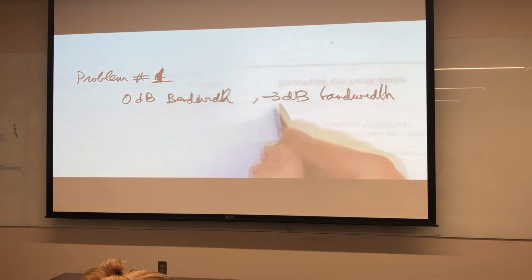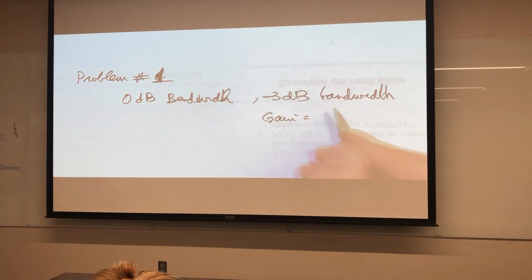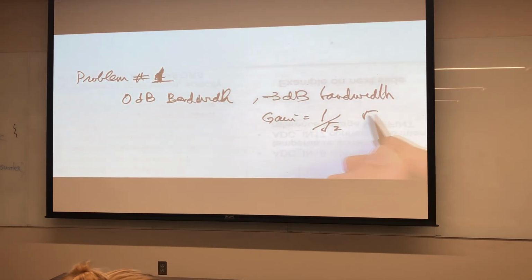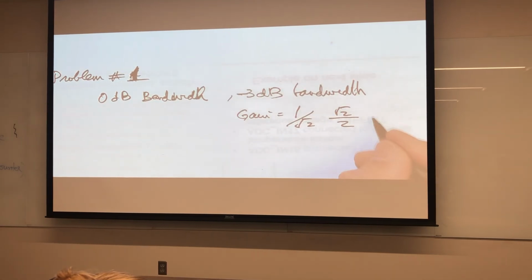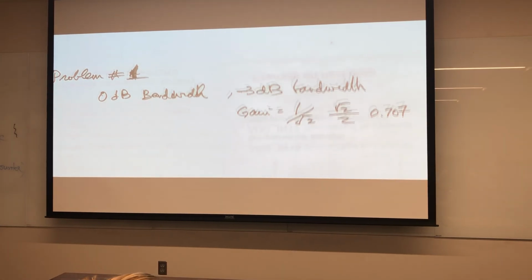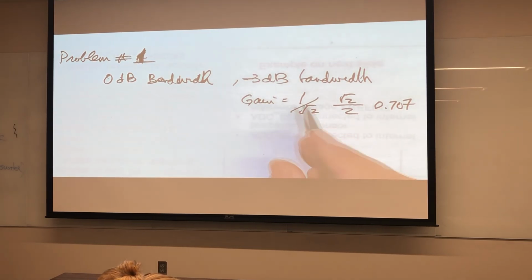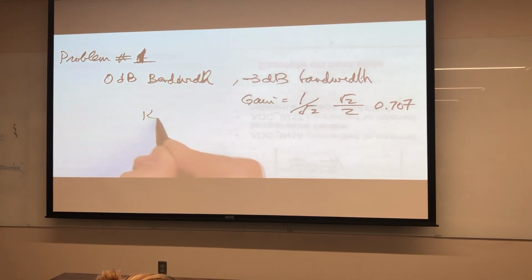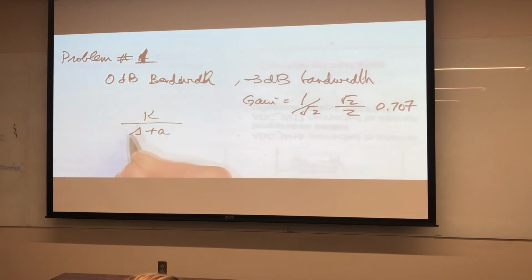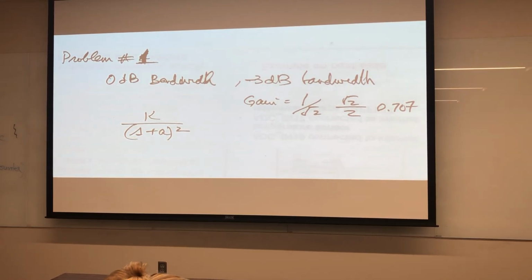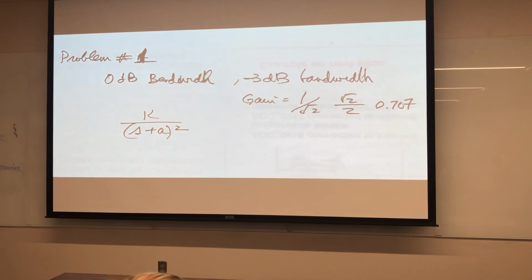Negative 3 dB means the gain is equal to 1 over square root 2, or square root 2 over 2, or 0.707. And so what you had to do in this problem is calculate the gain manually. Okay, the model was k over (s plus a) squared, and this threw off a lot of people.